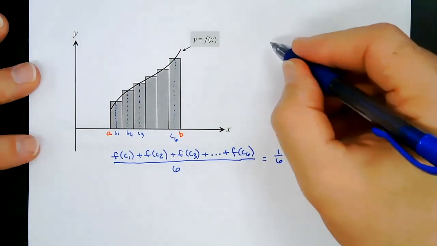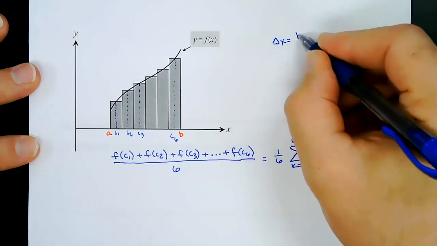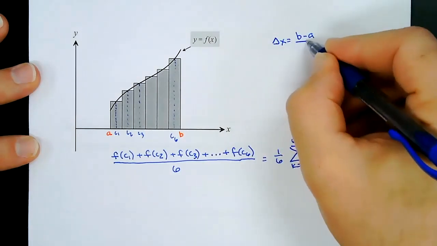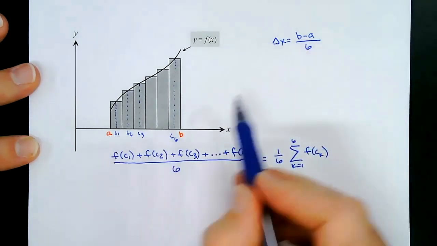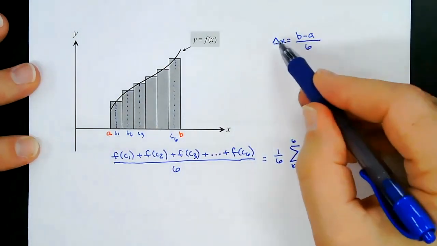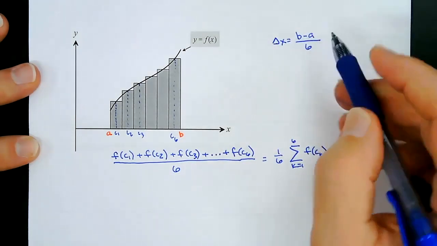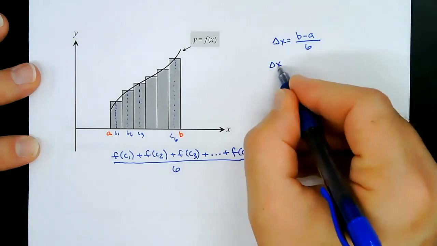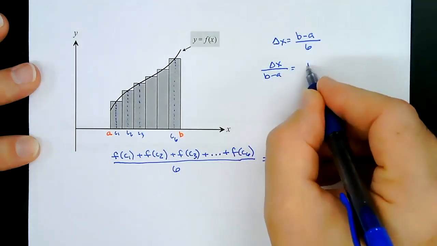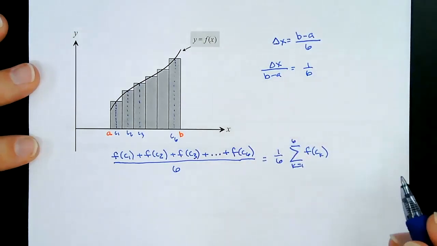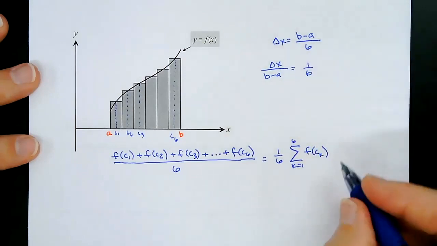But just like earlier, delta x we know is b minus a over 6. Each of these widths is b minus a divided by 6. So once again, I'm going to multiply both sides by 1 over b minus a, and I would get delta x over b minus a equals 1/6. What does that mean? That means this 1/6 can be replaced with delta x over b minus a.